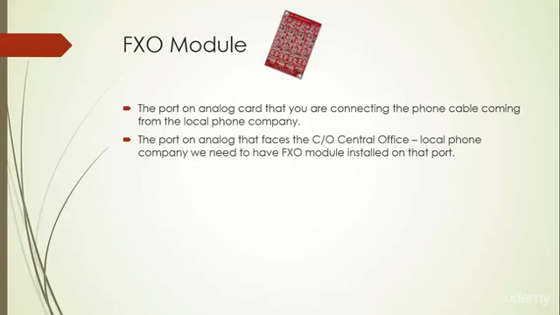The port on the analog card that faces the CO, or central office, the local phone company that gives you the phone connectivity, needs to have the FXO module installed on it.